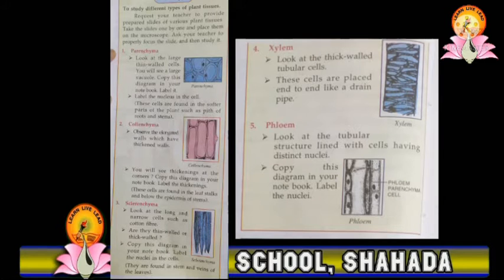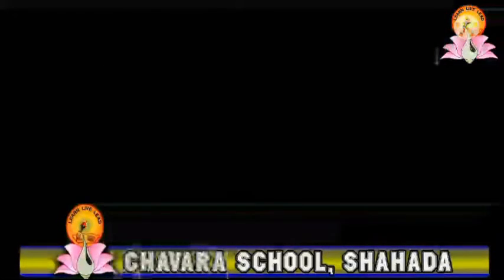When you focus the microscope and try to find out the structure of these different types of plant tissues, you will see the structures of each plant tissue like parenchyma, collenchyma, sclerenchyma, xylem and phloem as shown on the screen. This is how the structure of each plant tissue will look under a microscope.